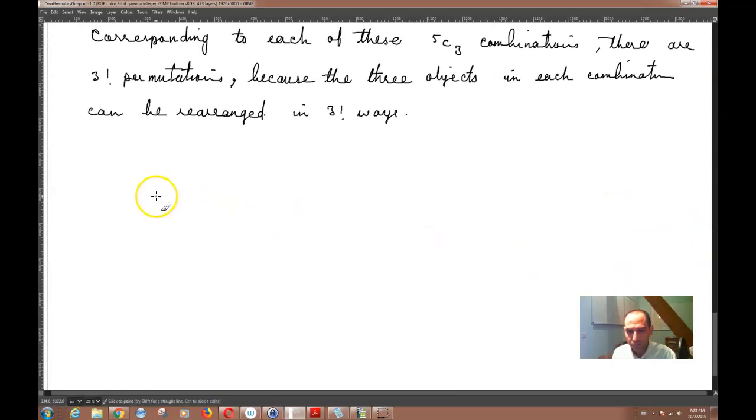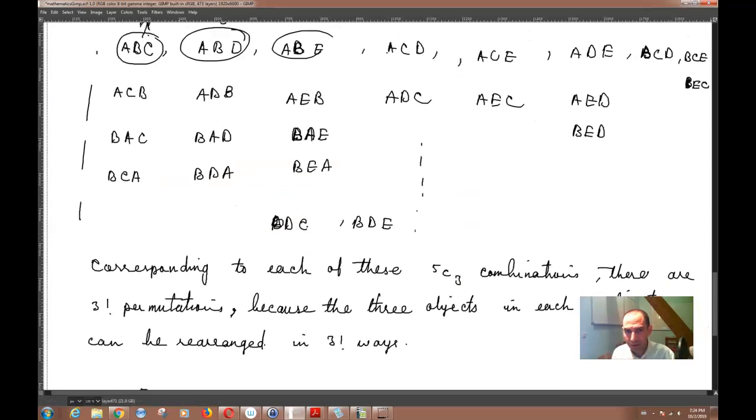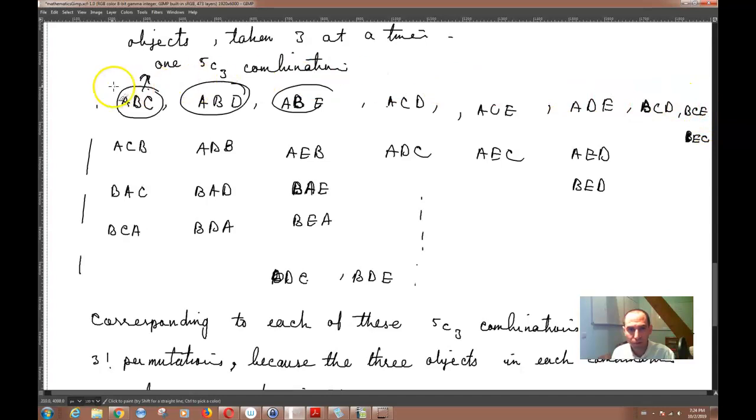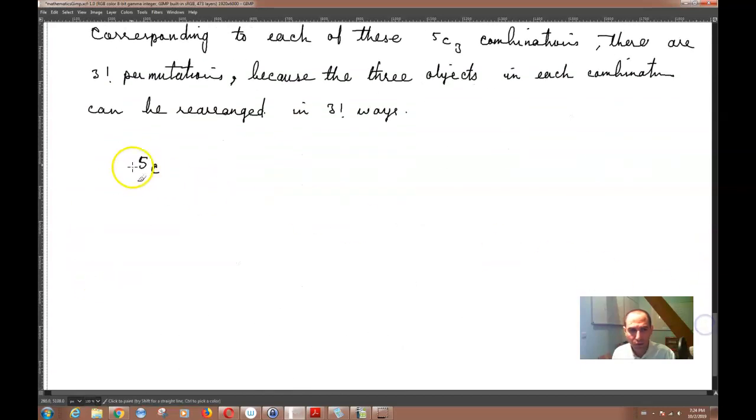So I could say that the number of all of these results over here that you can denote with 5 permutation 3. Excuse me. So the number of all those different results over there you can denote with 5 permutation 3.